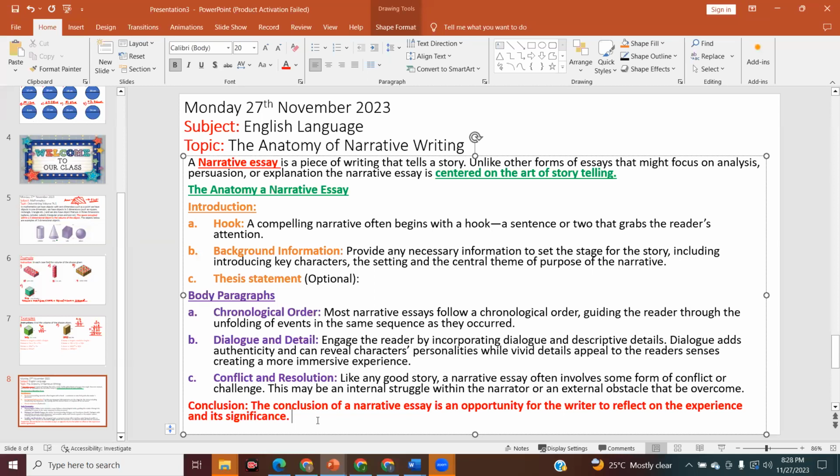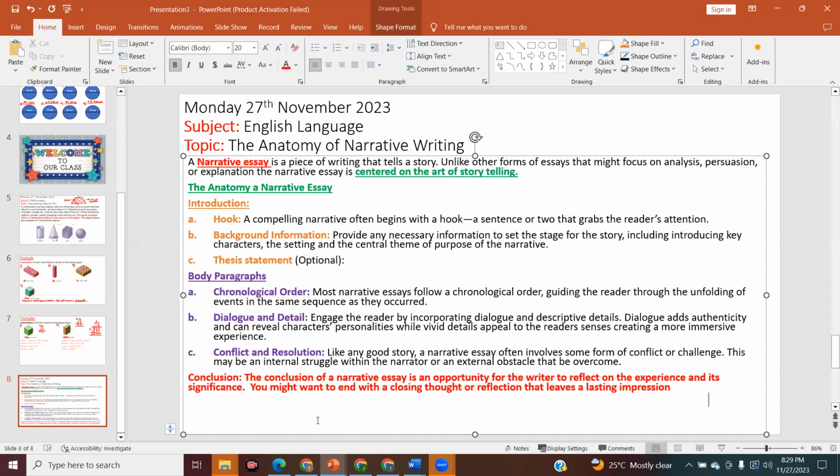So you might want to end with a closing thought or reflection that leaves a lasting impression on the reader.